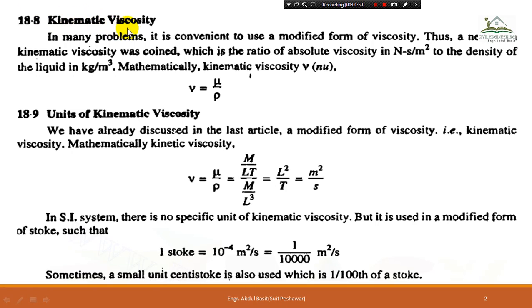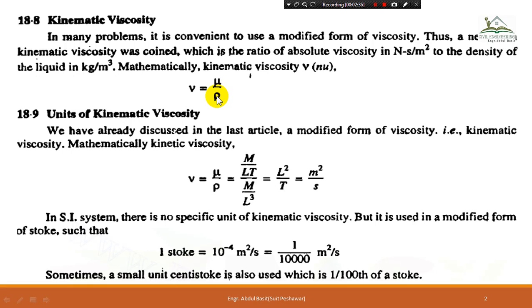To get rid of that confusion, we have to discuss a new type of viscosity, kinematic viscosity, which gives us a relationship between viscosity and density. It is represented by the small v, and it is mu divided by density.